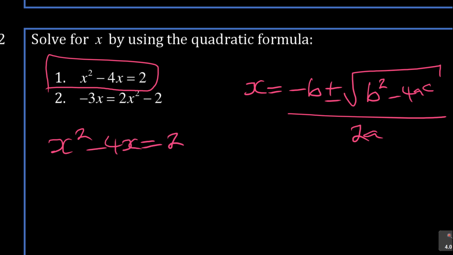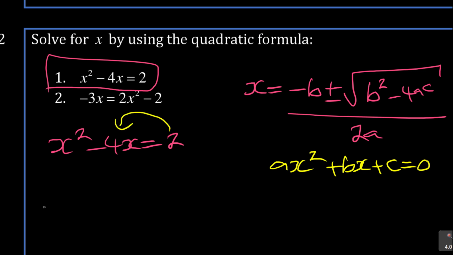But you must know this one comes from ax squared plus bx plus c equal to 0. So you can see that this 2 is misplaced. It must go this side. So that you have got x squared minus 4x, from positive 2 is minus 2, equal to 0.